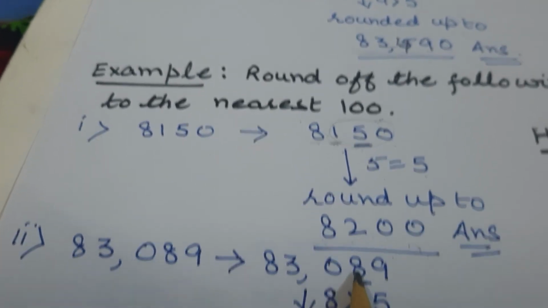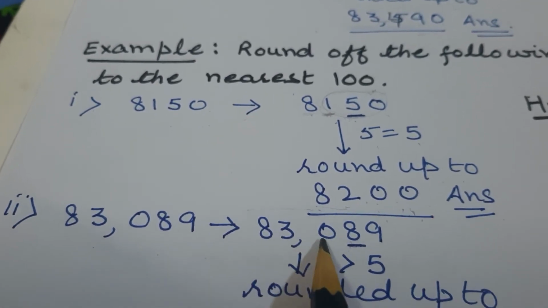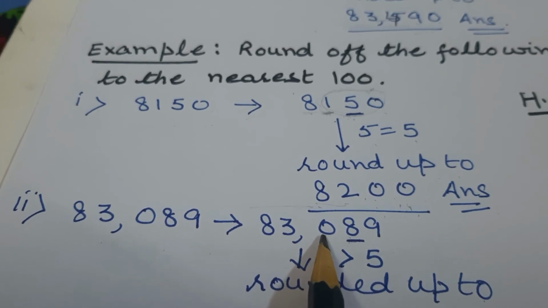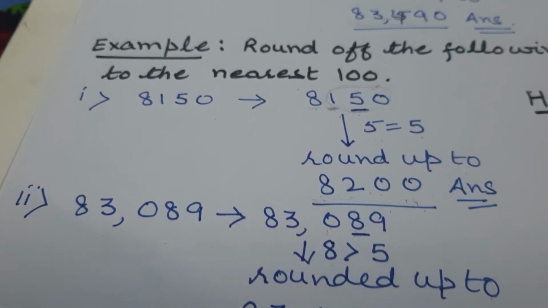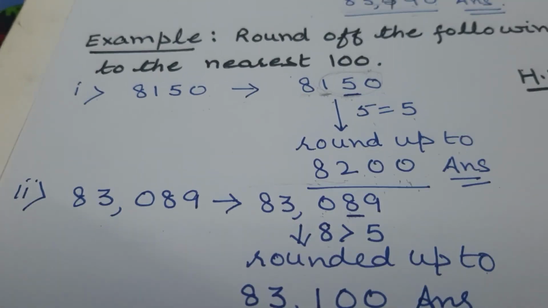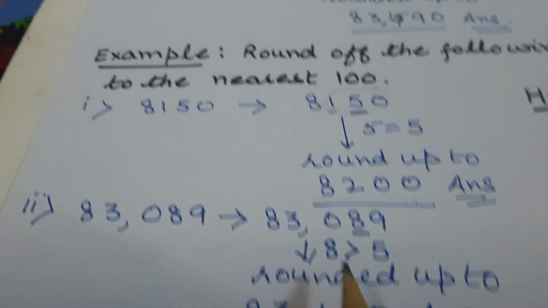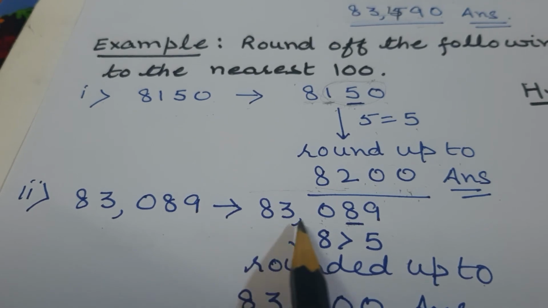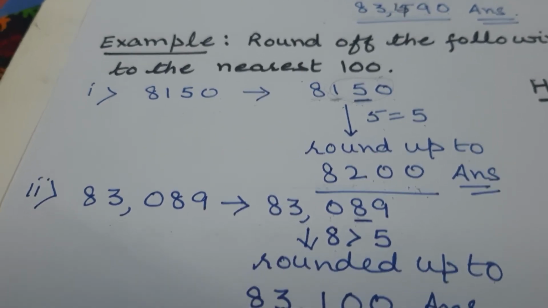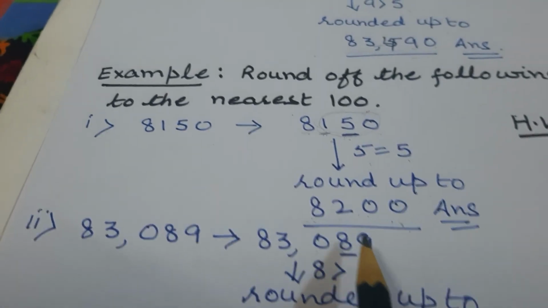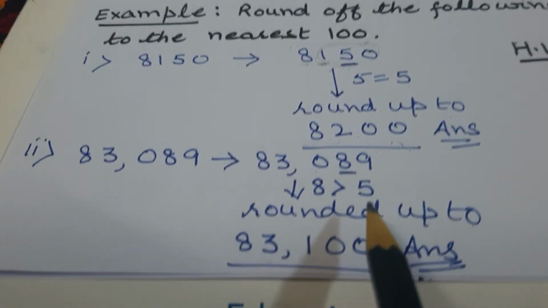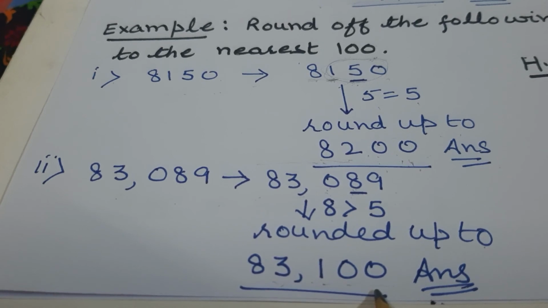Now it means 100 place will be raised by 1 digit. This is 0, so it will become 1. Rest 2 places 0, and after these, if any places are there, that will be written as it is. So 83,100. It means 89 is more closer to 100 than to 0.